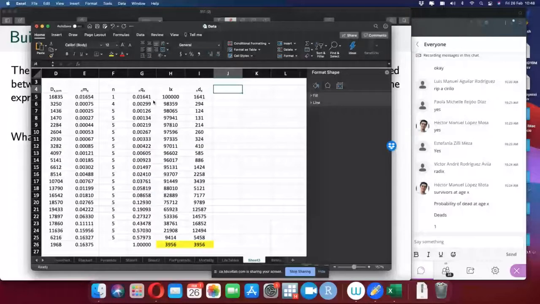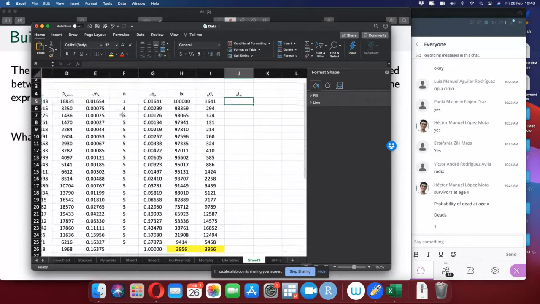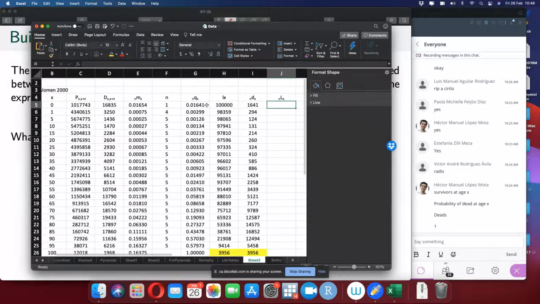So what I'm going to do for these person years, between ages x and x plus n, is see how many years of life these 100,000 individuals are going to contribute to my population during 1 year, because this is only for 1 year.